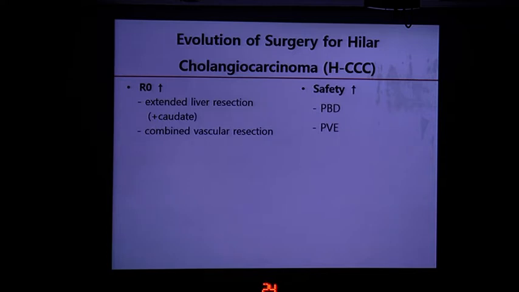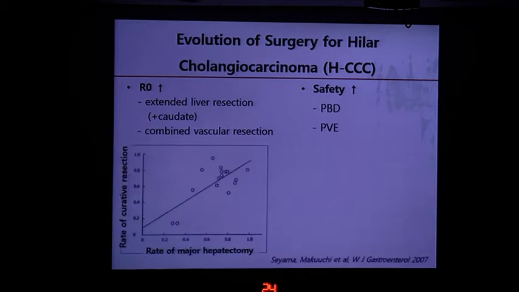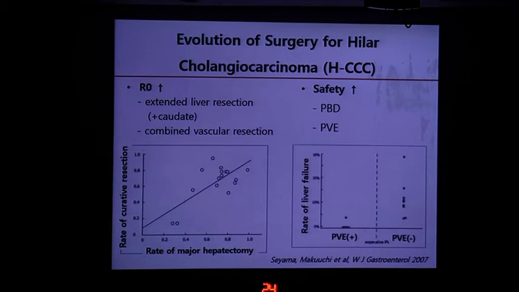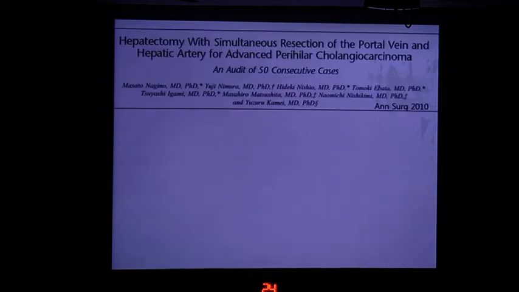So, to put it shortly, the aim of the surgery is to achieve R0 with safety. Professor Maguchi reported with previous studies that the rate of major hepatectomy was closely related to the rate of curative resection. He also pointed out that studies of patients with portal vein embolization show a low rate of liver failure.